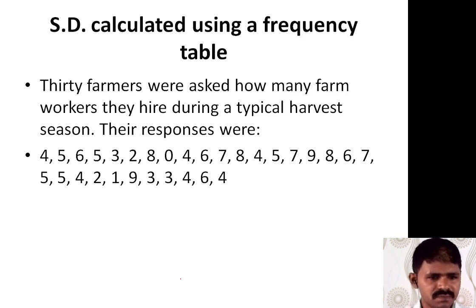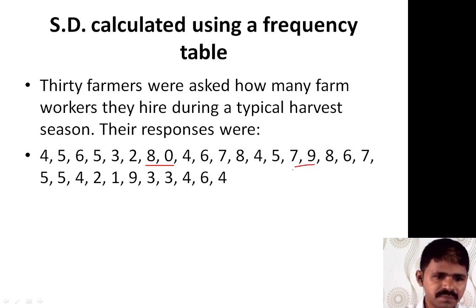Here the values are from 30 farmers who were asked how many workers they used to hire in their peak season. Those 30 farmers responded that they used to hire 4, or some people hire 5, and some people don't hire anyone, and some people may hire even 9.